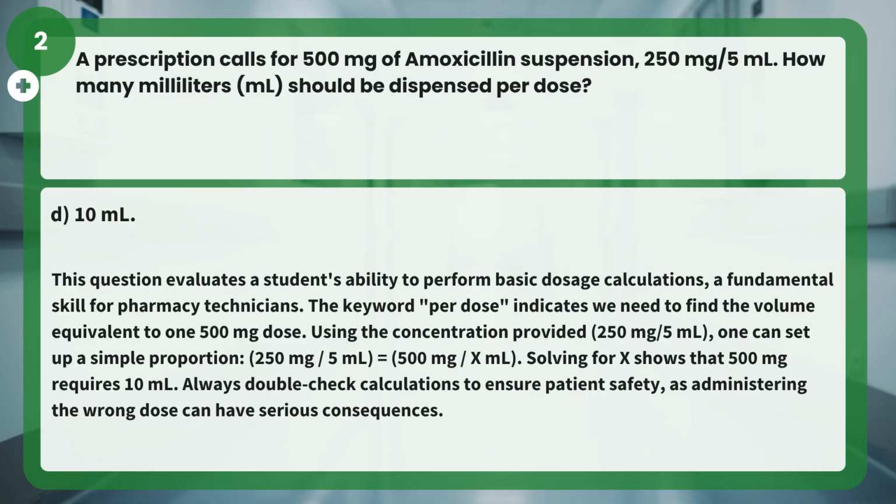Using the concentration provided, 250 mg/5 mL, one can set up a simple proportion, 250 mg/5 milliliters equals 500 mg/x mL. Solving for x shows that 500 mg requires 10 milliliters. Always double-check calculations to ensure patient safety, as administering the wrong dose can have serious consequences.